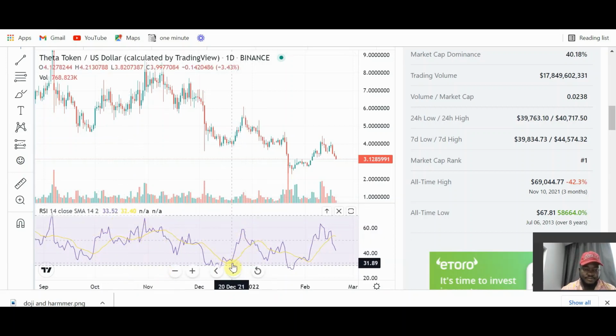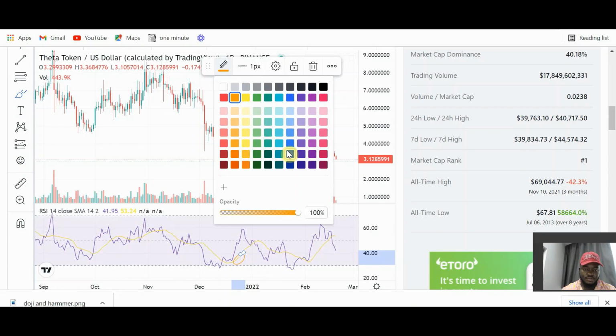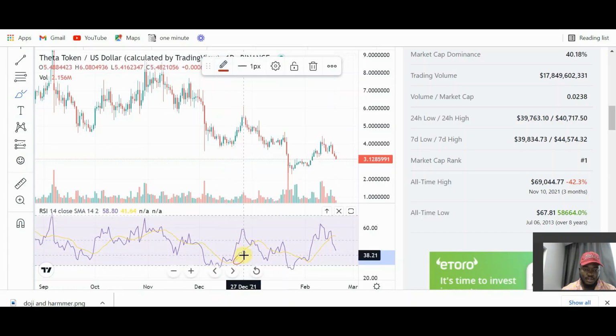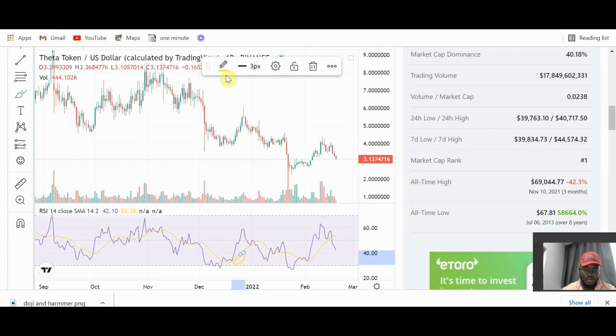So let's see, when the RSI plot crosses above this signal line, this is the signal line, this is an RSI plot.